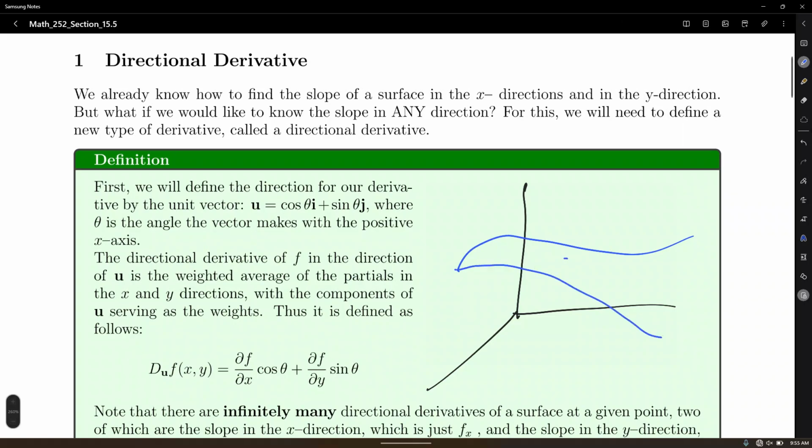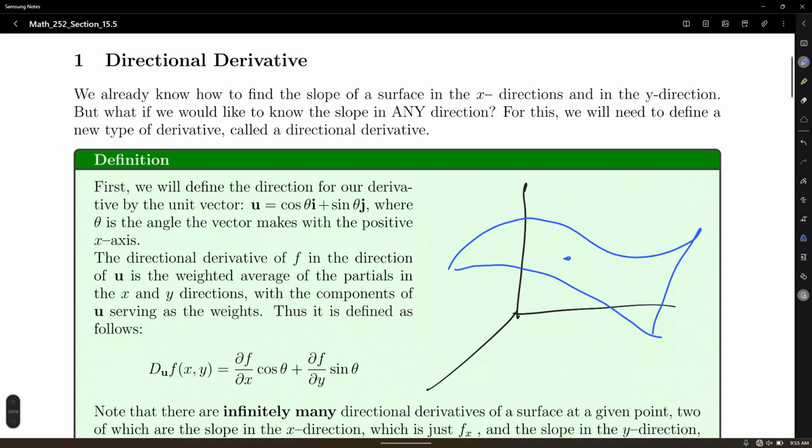All right, that's a surface. And let that be a point on the surface. Again, from section 15.3, where we learned about partial differentiation, it's the same concept as back in Calculus 1. That is the slope at a given point, but not for a curve this time.